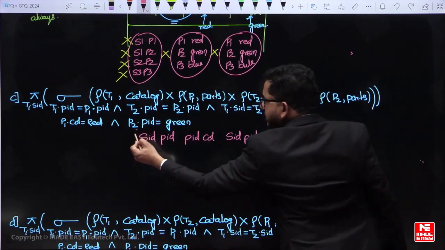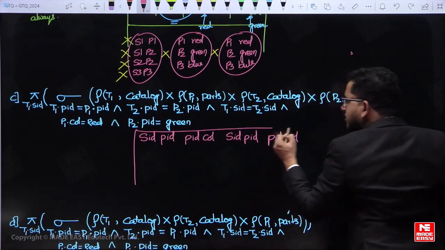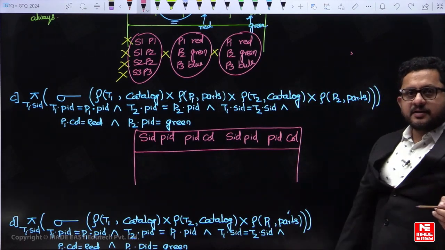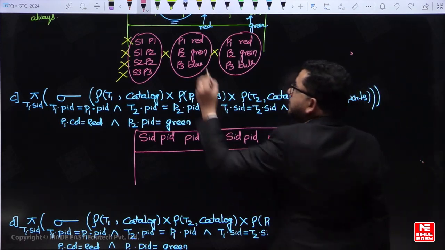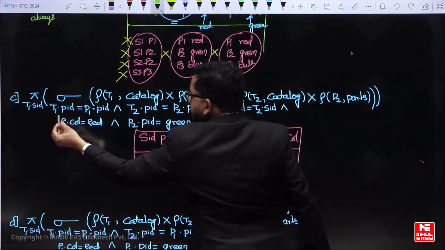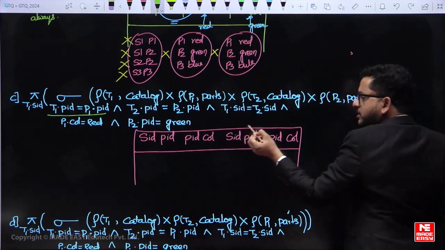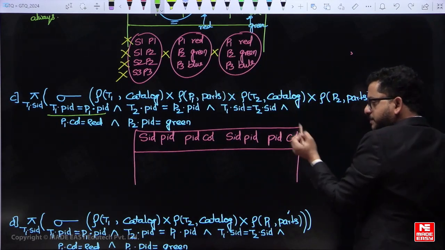These many attributes are in the result of the cross product. So then see the predicate condition. T1 PID equal to P1 PID, this is T1 and P1, these 2 attributes of T2, these 2 are P2.